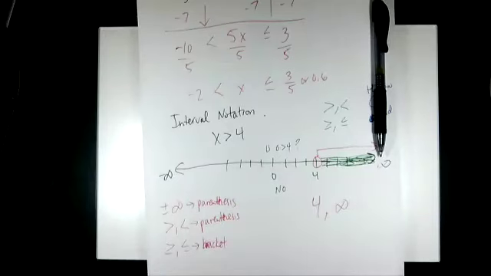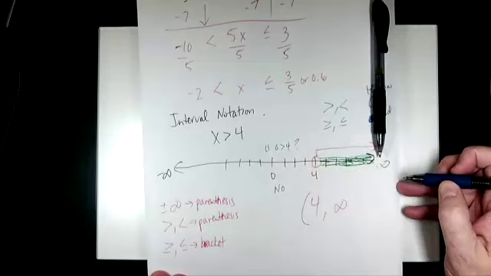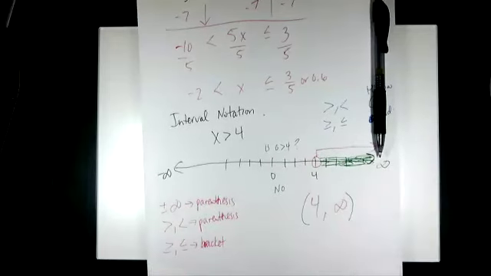So 4 had a greater than sign next to it. We are going to use a parenthesis on the 4, and infinities always have a parenthesis, so we put in parentheses there. This is my least favorite notation ever because it looks like a coordinate or an XY value.